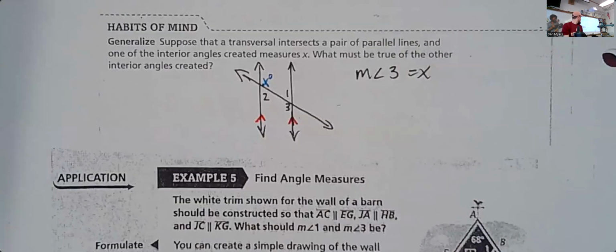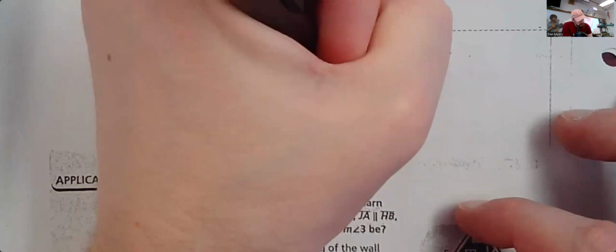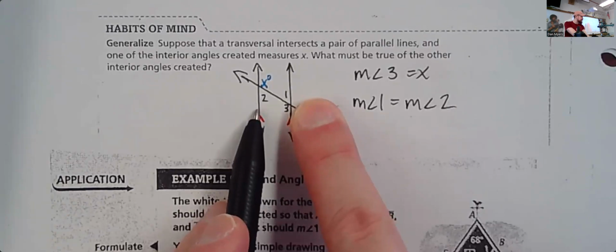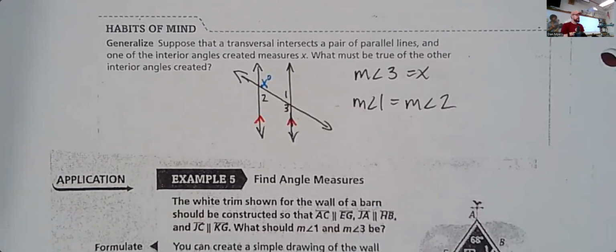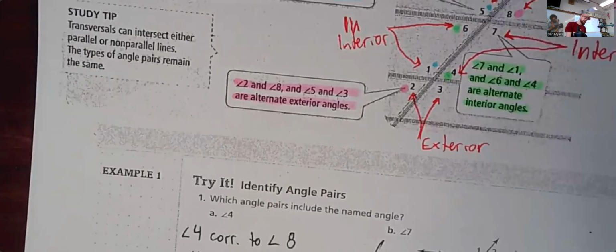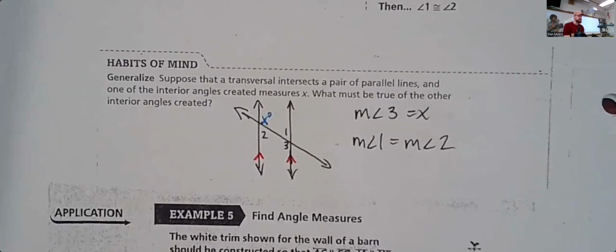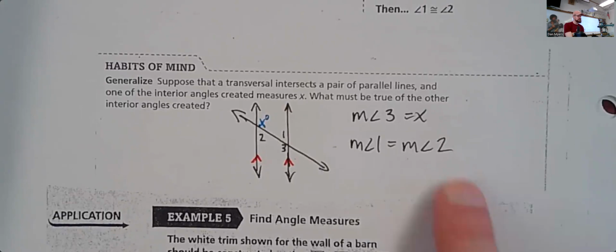Now the measure of angle 1 is equal to the measure of angle 2 because 1 and 2 are also alternate interior angles, so they have to be equal. This is going to go back to example 2 at the top of the previous page. We've already done this problem. What are those going to equal?